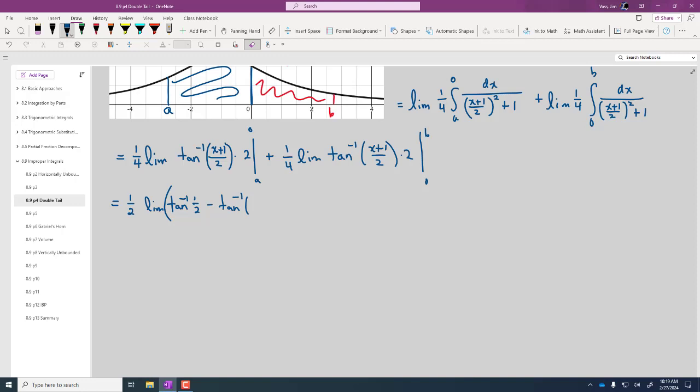Arctangent of a plus 1 divided by 2. And then over here, same idea, we'll factor out the 2, giving us 1/2 times the limit. We'll first plug in the b, which will give us arctan of b plus 1 divided by 2. And then we subtract off the arctan of 1/2.